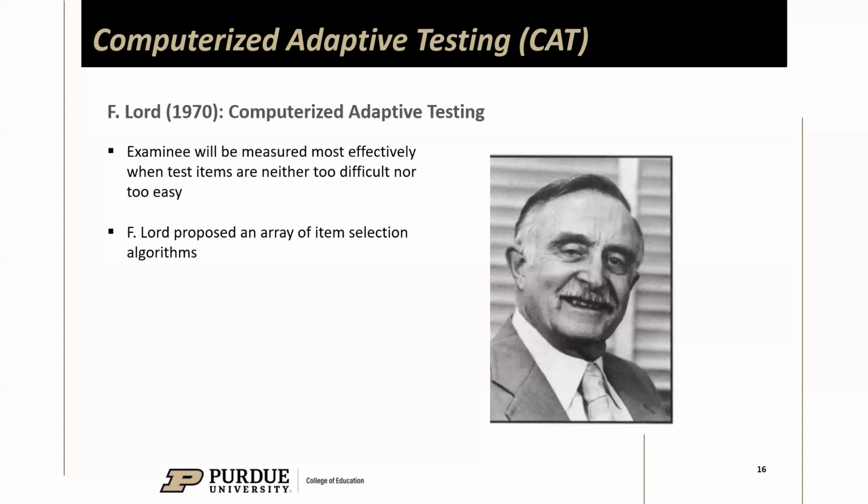If the student answers all the items incorrectly, of course, you do not have any information about the student. So we try to make students sometimes answer correctly, sometimes incorrectly, then we get information. Fred Lord was the founder of computerized adaptive testing. He is one of the pioneers who proposed some mechanisms and formulas.